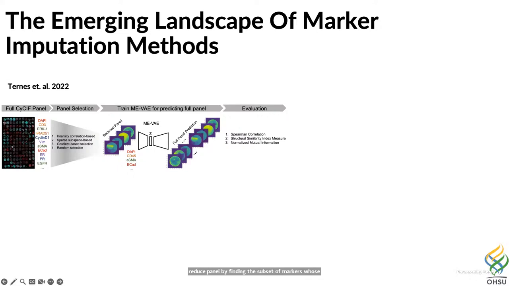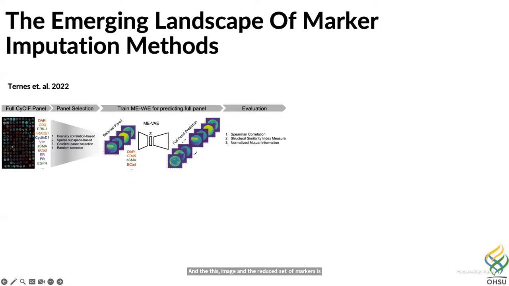The reduced set of markers is then fed into a multi-encoder VAE as a multi-channel single cell image.